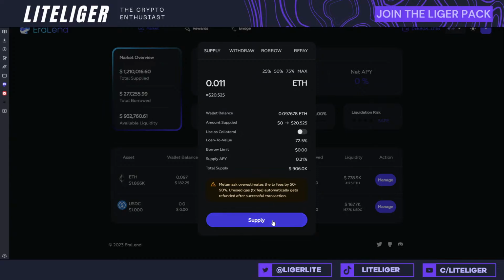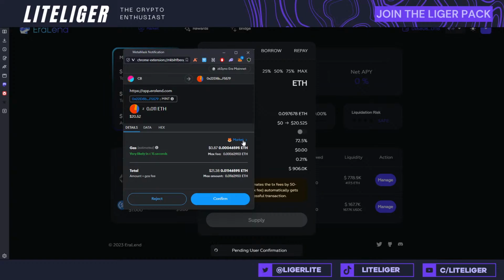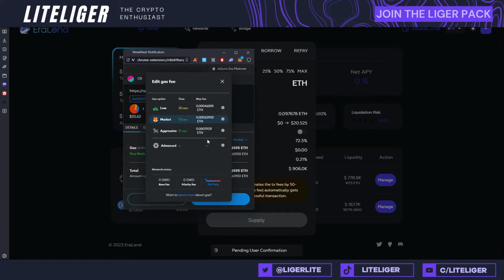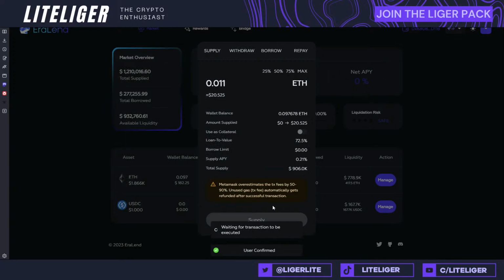I'm not going to be using it as collateral, and I don't recommend doing so either. You can also borrow out of the platform, which will give you an extra transaction there. And once again, 87 cents. We're going to be using the low cost here and confirming. And this will be supplied into the platform.